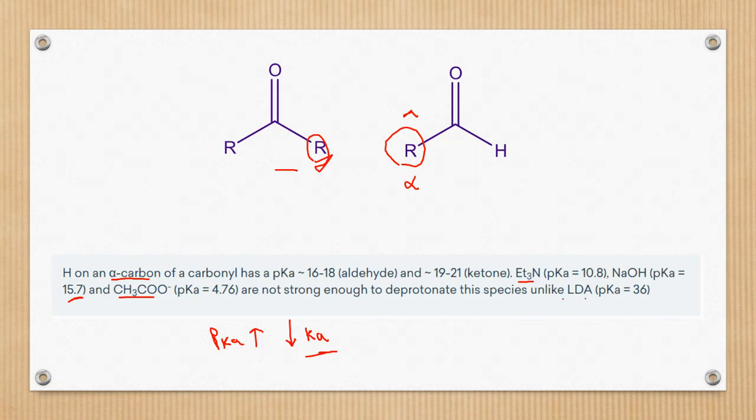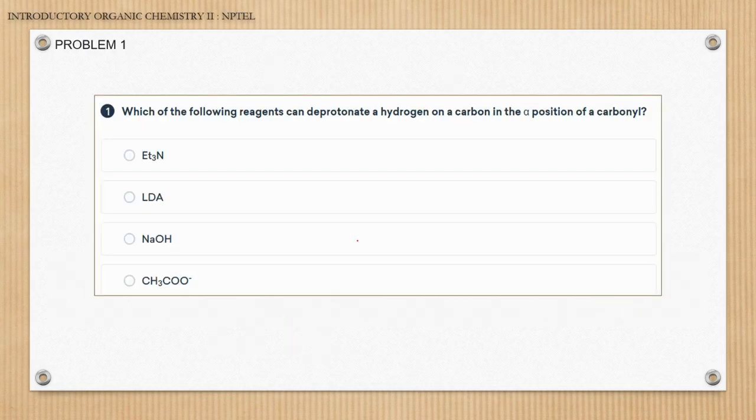You can see that LDA has a pKa equal to 36, which means low acidity but higher basicity. The higher the basicity of the base, the higher its potential to abstract the alpha proton of the carbonyl compound. That is why lithium diisopropylamide is the correct answer, which can deprotonate the hydrogen at the alpha position. So is it clear to all of you?